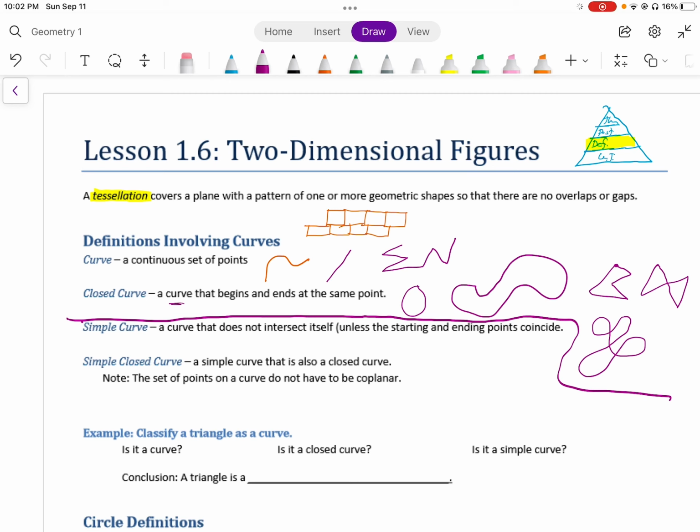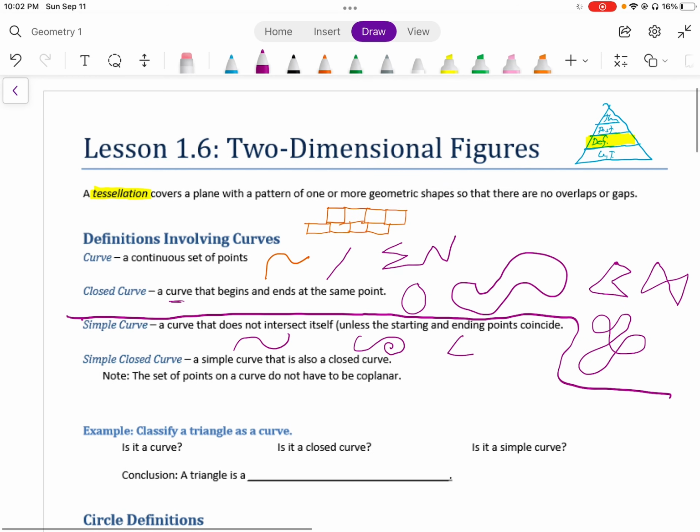Now a simple curve is a curve that does not intersect itself. So that's a simple curve. This is a simple curve, unless the starting and ending points coincide.